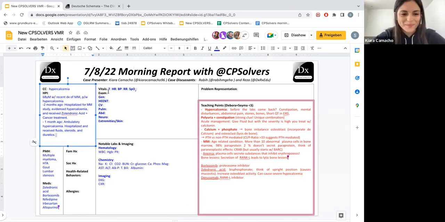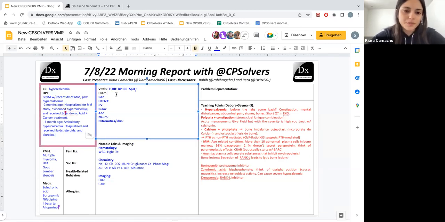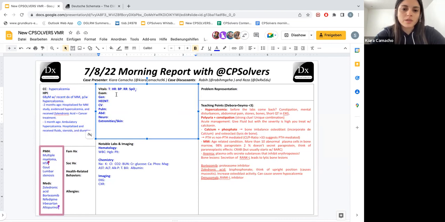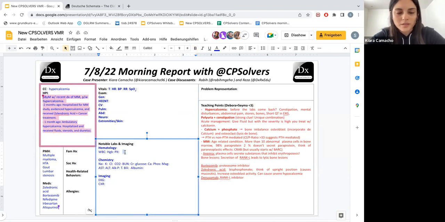Nice. Okay, so for this first hospitalization, this was the third hospitalization. So he received again zoledronic acid, and as hypercalcemia persisted, some labs were taken. No, I'm sorry, I will go first with the vitals.